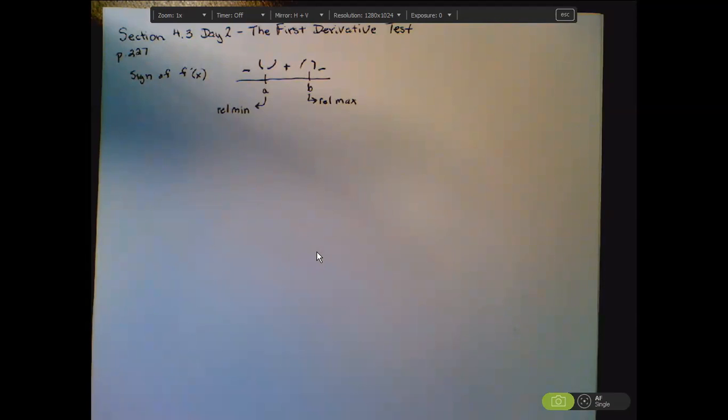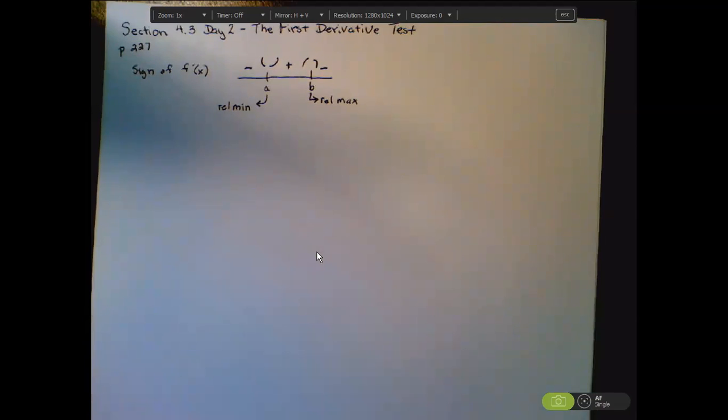Most of those were just polynomial functions, so they were easy to differentiate and easy to find the critical points. 33 through 56 had some more oddball problems, and that's why we have a second day on 4.3. They're not just polynomial functions. So what have you tried and not been able to get the right answer to on 33 to 55?